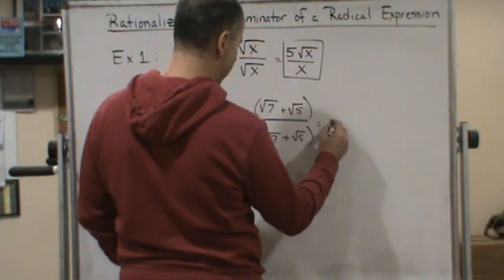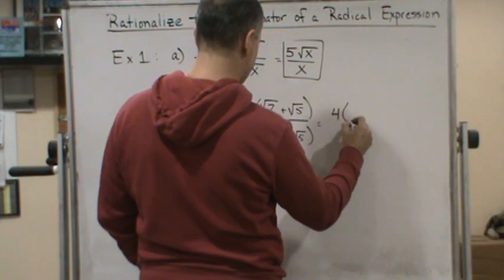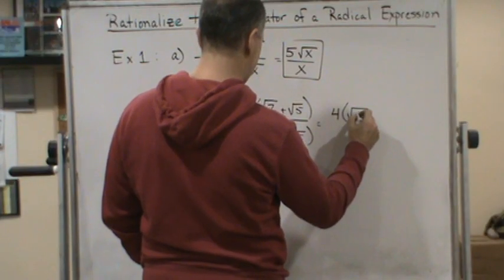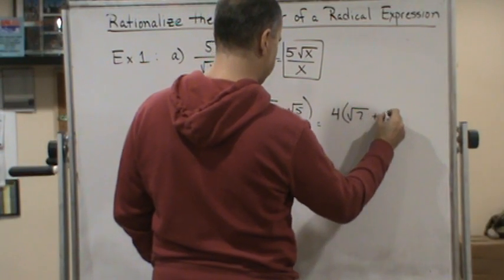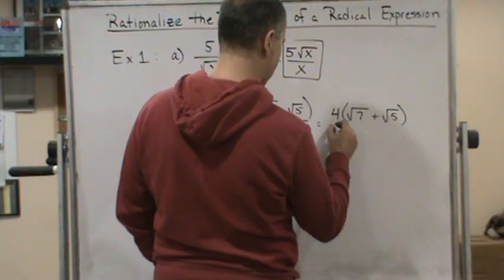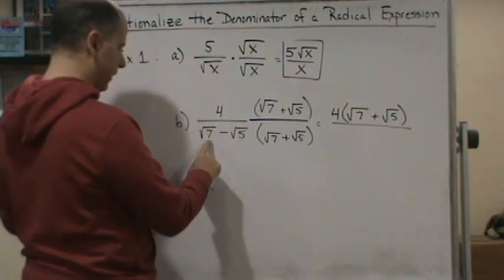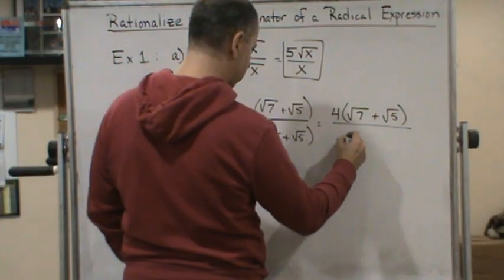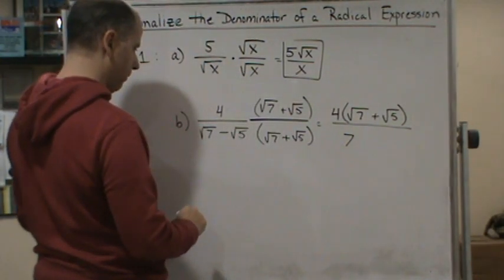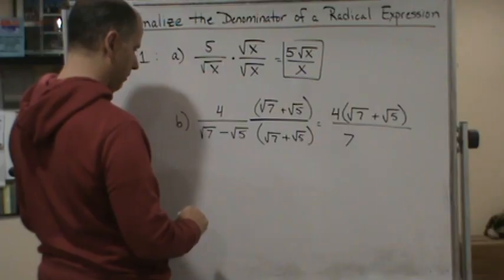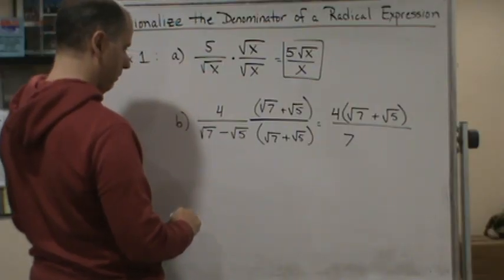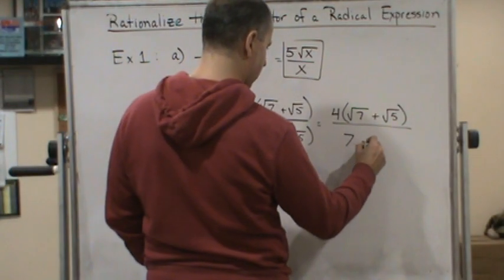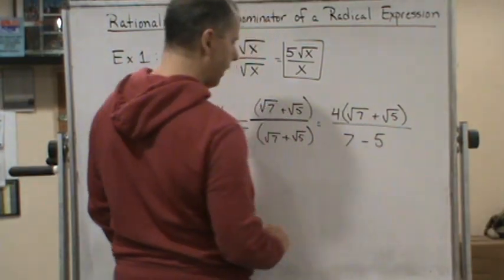So what we end up with is 4 times root 7 plus root 5, all divided by 7 minus 5.